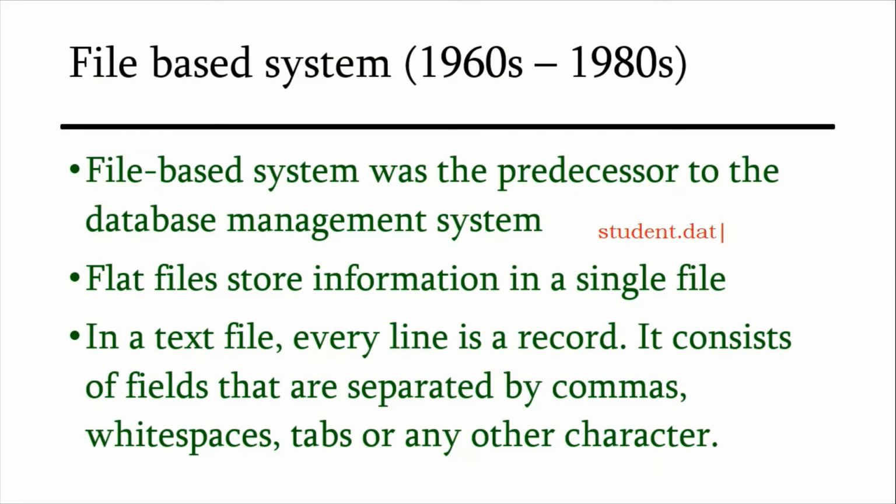It's a simple data file where you can store all the details of students. Every line is a record. Every line is called a record. A record consists of a number of fields which are separated by either commas, white spaces, or tabs, or we can use any other characters.